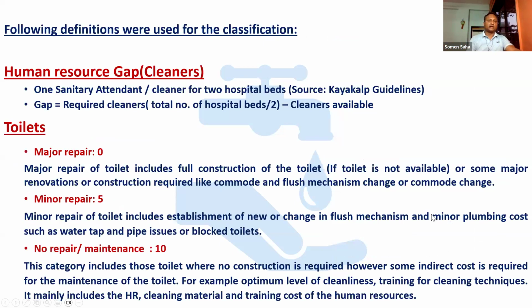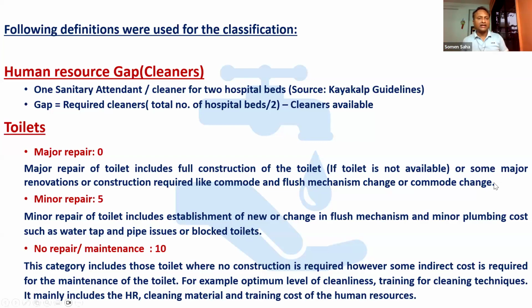So here I'll explain how we did it for each of those 5 domains assessed. Human resource gap: as part of KAYAKALP, which is a national guideline for the makeover of all facilities, including WASH practices, it recommends 1 sanitary attendant or cleaner for 2 hospital beds.